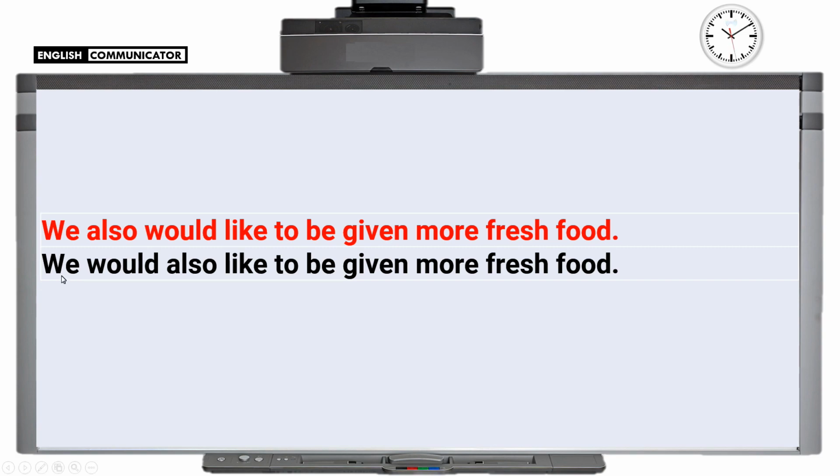First of all, the subject you use: we should, we are, we have, we would, we could, we must. So we would also like to be given more fresh food. You should not use we also would. That's the difference in combination and order of a sentence. Please remember, auxiliary always comes with the subject, like is, are, am comes always with I, he, she, it.